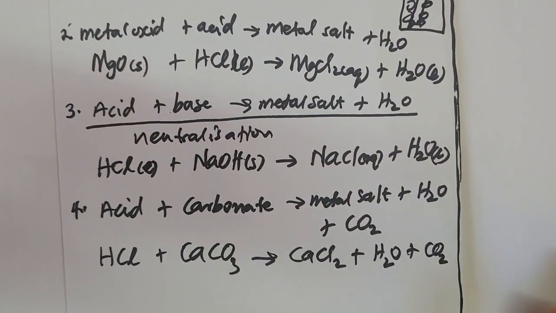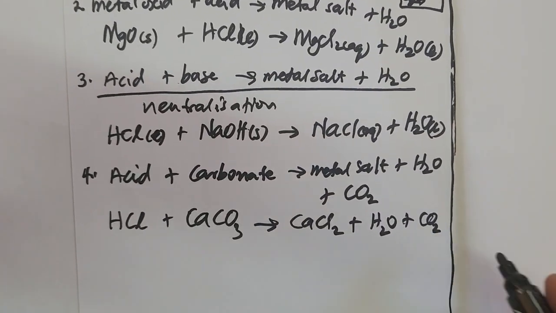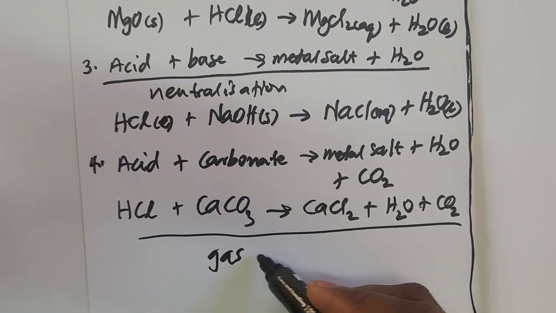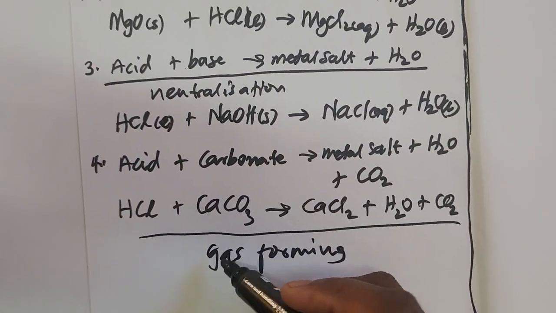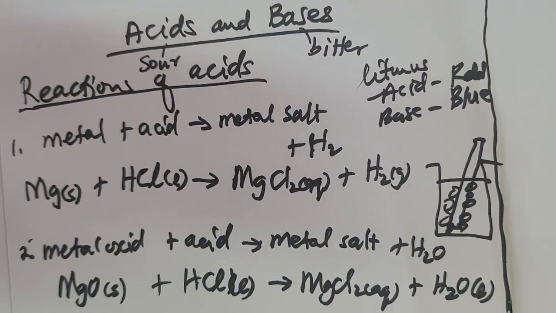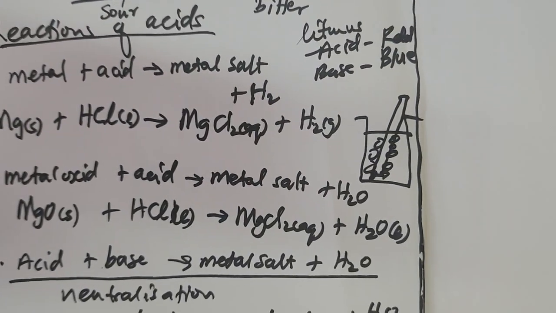That is the most important one. We call it gas forming. If they ask you about the reaction, normally it's gas forming. We are forming a gas, same as the first one, where we are producing hydrogen. I think these are very important reactions of acids.